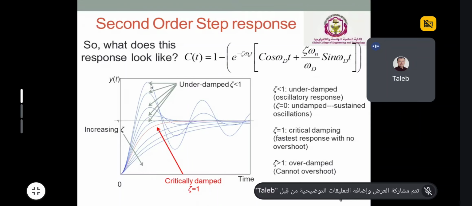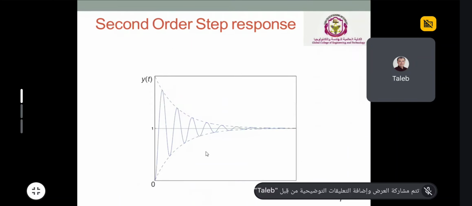So if you want a very smooth but slow system response, then you have to choose a large zeta, a number greater than 1. So it depends on the demand. You choose zeta for the transfer function to get your desired response.